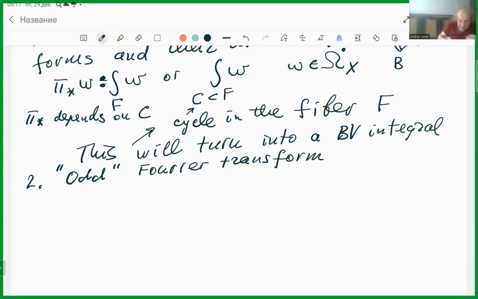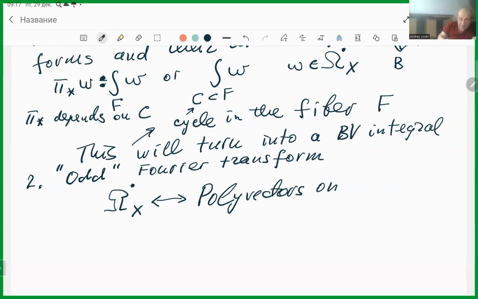I'll explain it later. It's a map between differential forms on X and polyvectors on X. Okay, here I write differential forms.